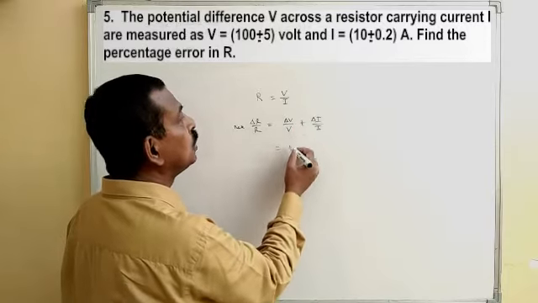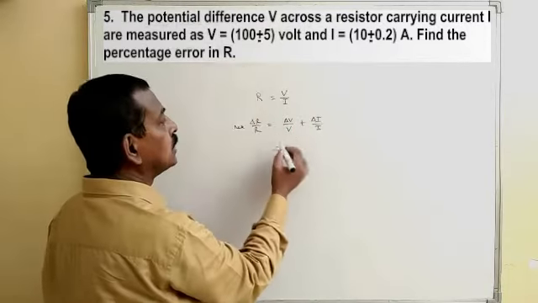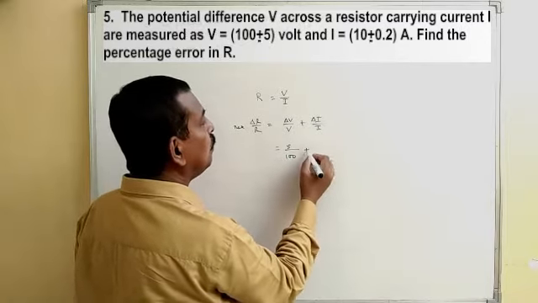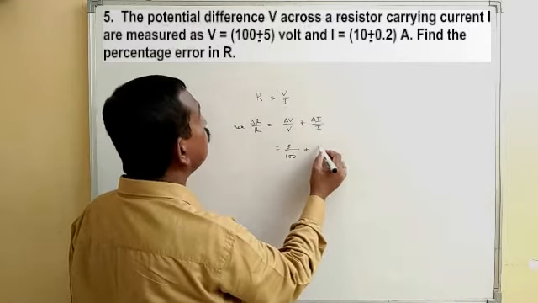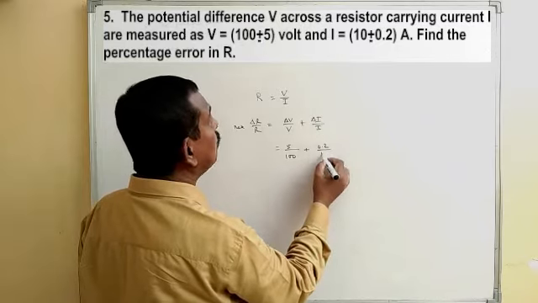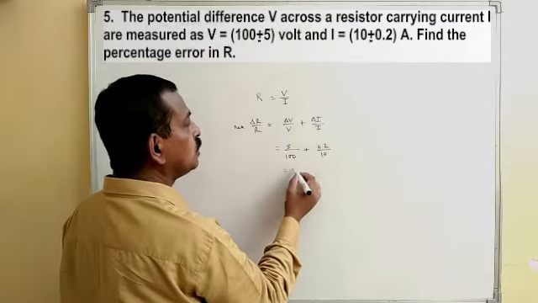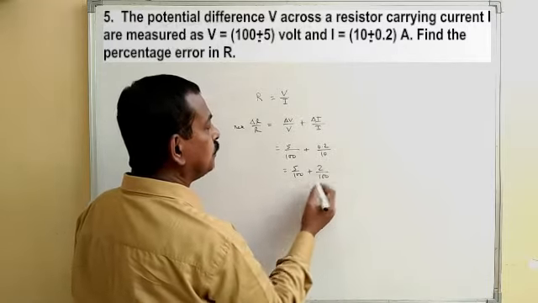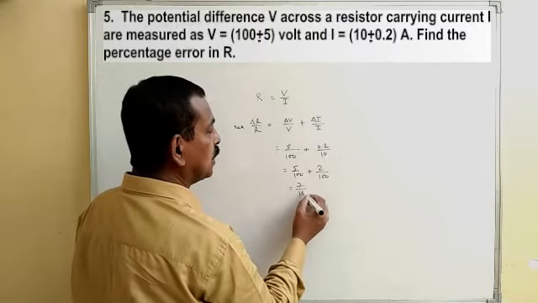So delta V is given as 5 divided by 100 plus 0.2 divided by 10. So this is 5 by 100, 2 by 100, 7 by 100.